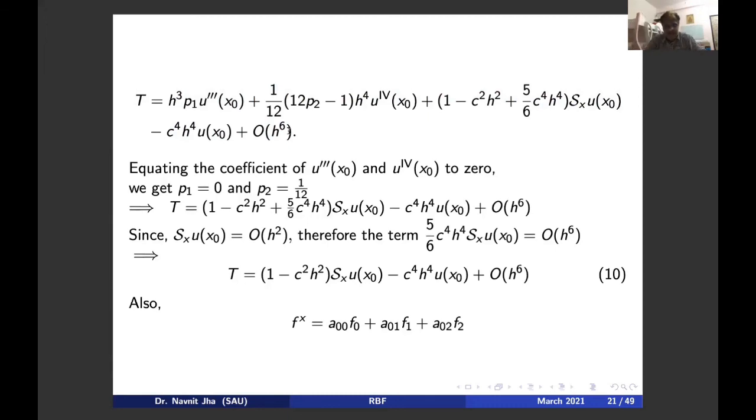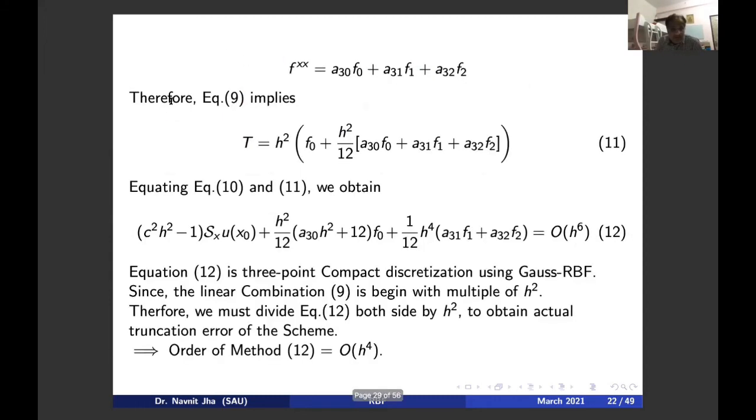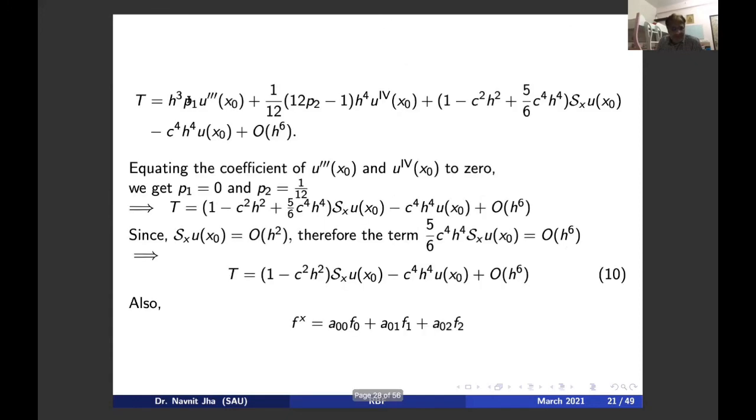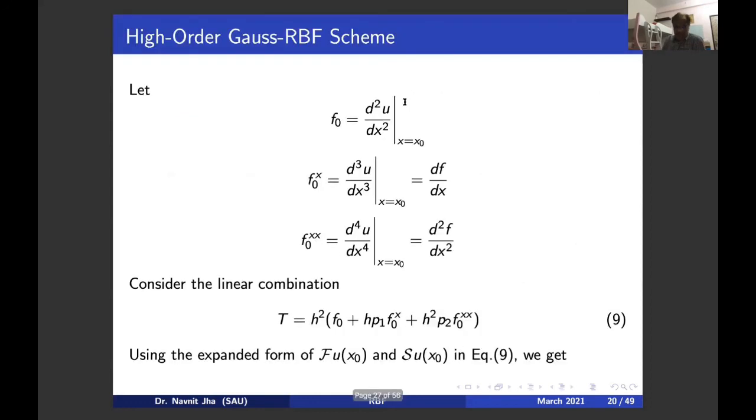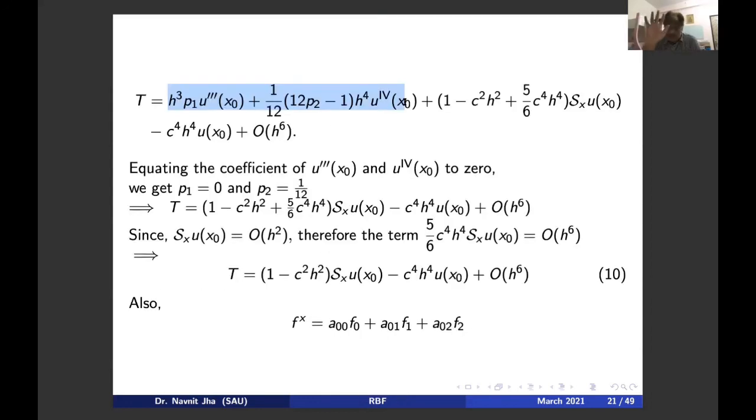So this is one term that consists of the operator, and this term consists of u. These two terms are the only useful ones to us. Other terms are not useful because this term consists of the third derivative and this term consists of the fourth derivative. So I am going to nullify them.